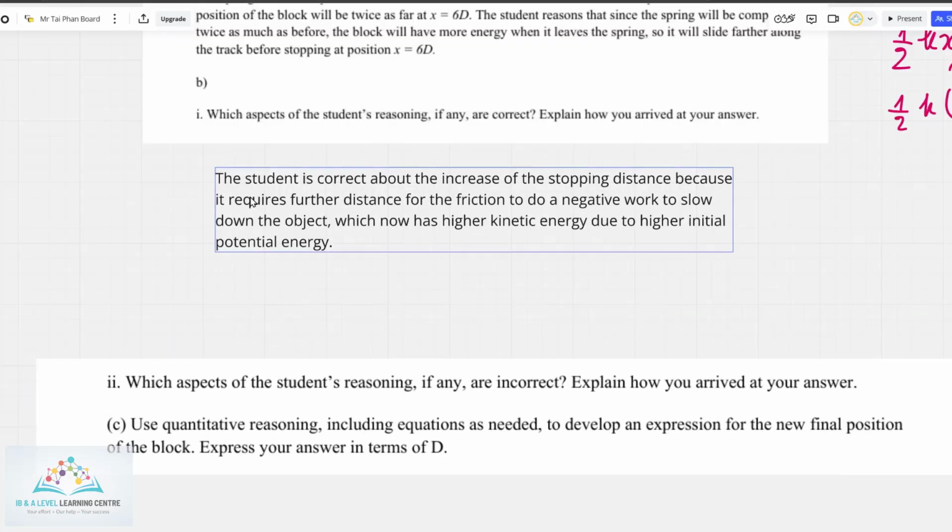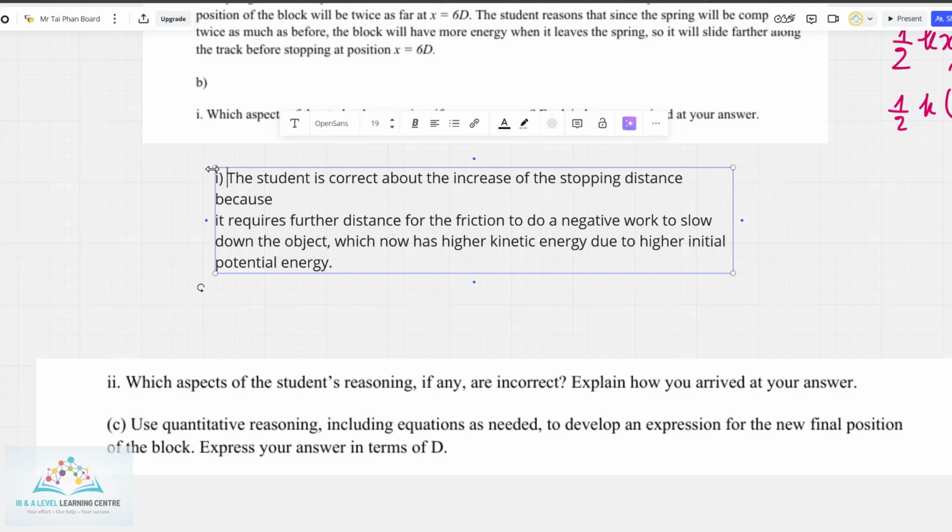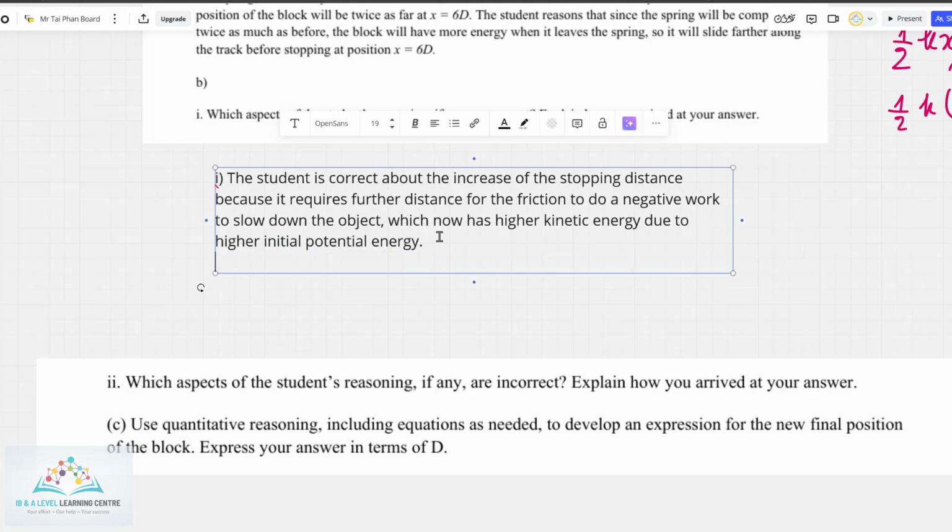Okay, he was incorrect about the stopping distance. Yeah, he is incorrect about the stopping distance 6D.